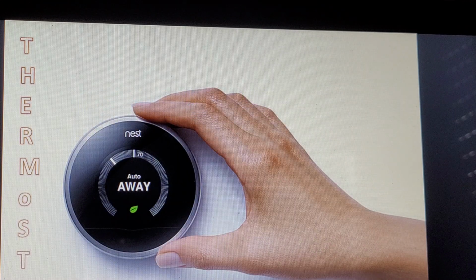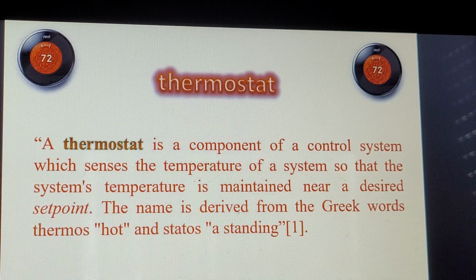As you can see here, we need a thermostat. And what is a thermostat? A thermostat is a component of a control system which senses the temperature of a system so that the system's temperature is maintained near a desired set point.